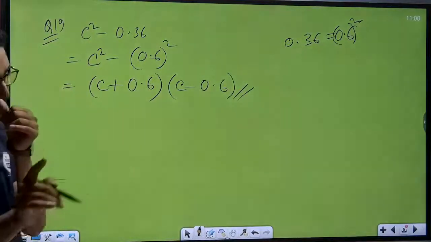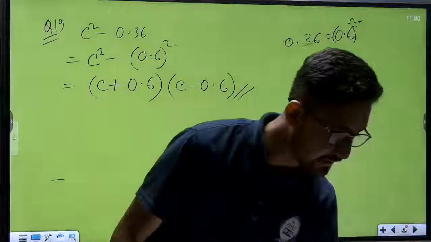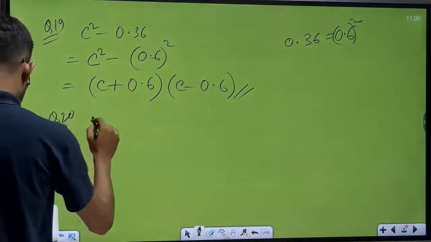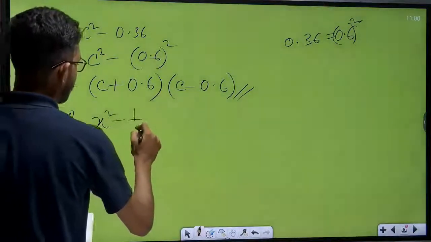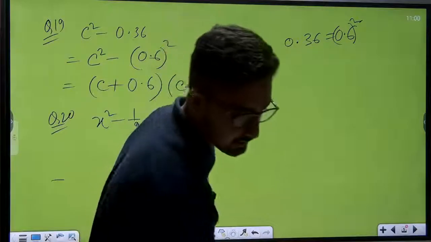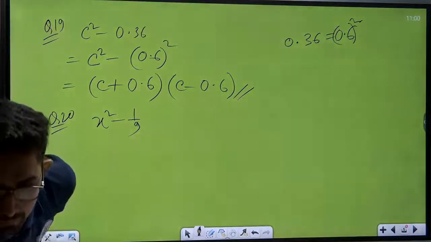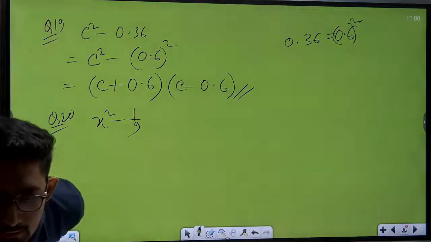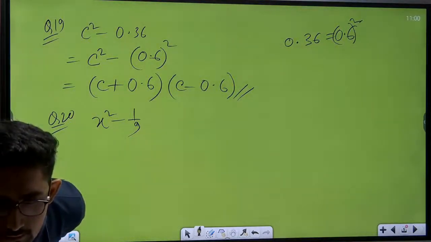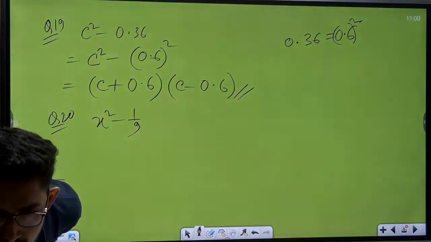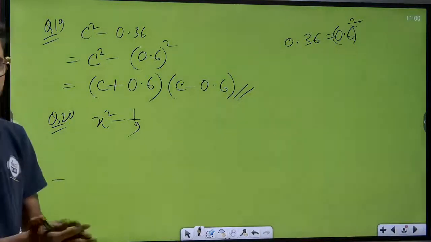Okay, last question for today. So let's see here. Question number 20. x square minus 1 upon 9. Yes, students. Yes, give me the answer fast.